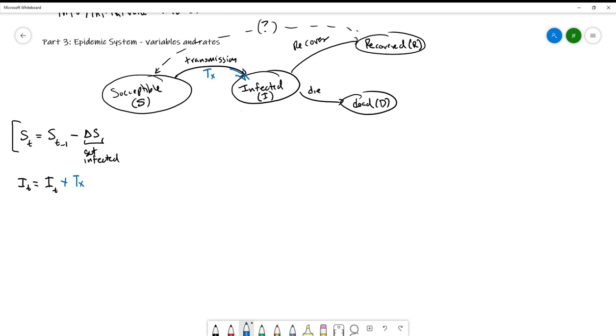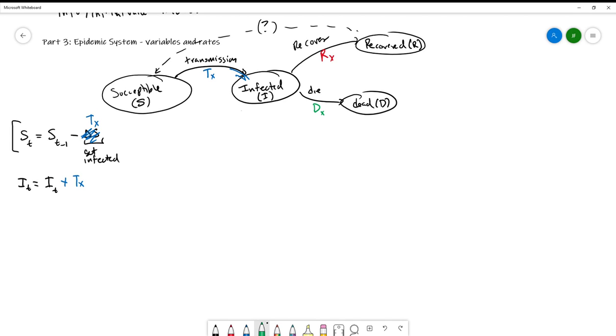Because we've now labeled it something, we can also do this. So this actually becomes the number that received the transmission, who received the virus. There are also two other rates. There's a recovery rate and there's a death rate.